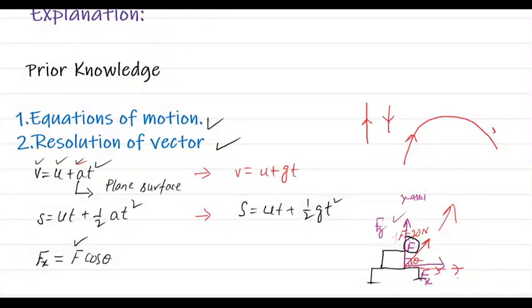Its magnitude is always given, and θ is the angle that this force F makes with the horizontal, and Fx, with x as the subscript, is the x component of the vector F, here the force F.